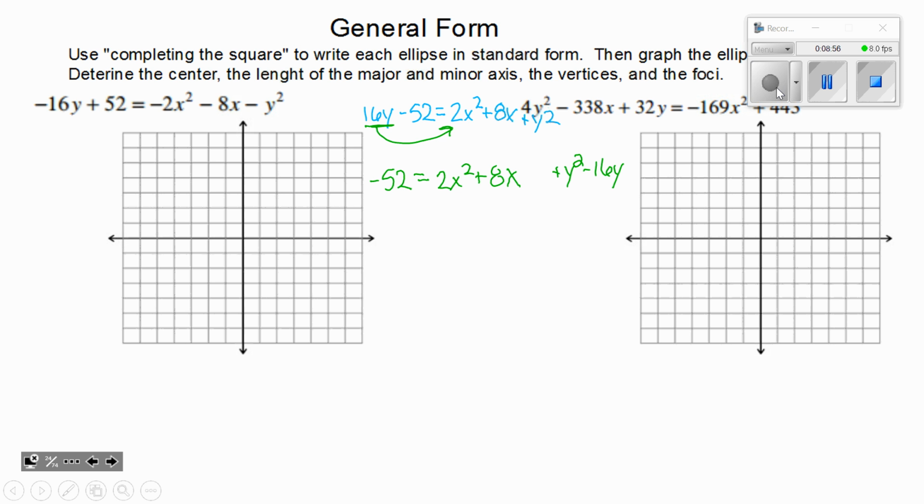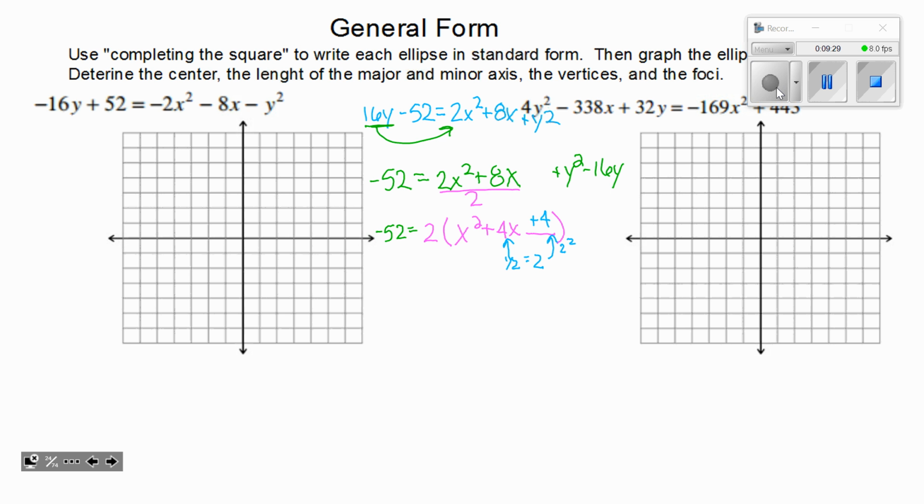When we go to complete the square, what I'm going to need to do is divide a 2 off there. So I have 2 parentheses, x squared, now it's going to be a plus 4x when I divide that off, and I need to insert a blank right there. I need to say to myself, if this thing were a perfect square, what number do I put in the parentheses? The way we figure that out is I'm going to take this 4 and cut it in half. Half of 4 is 2, and 2 squared is 4.